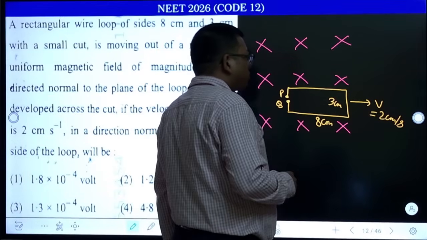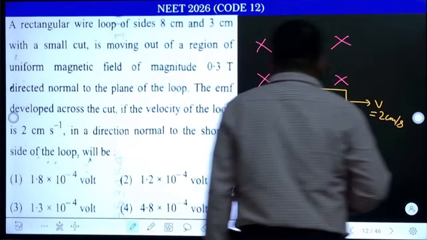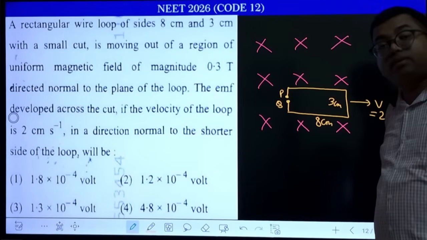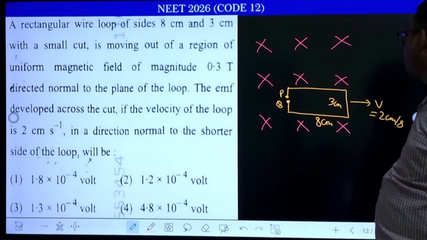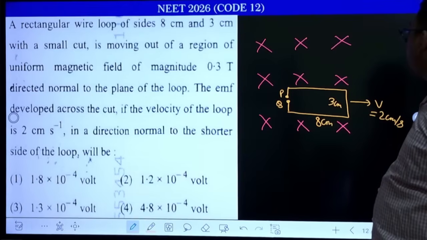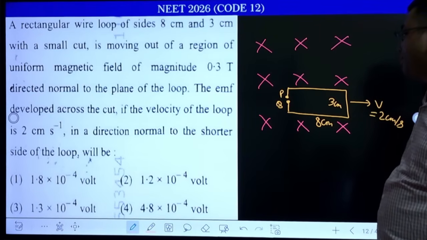So how do you calculate the voltage difference between these 2 points? Should we apply BVL or not? Voltage difference means, as it is coming out, there will be a voltage difference between these 2 points.